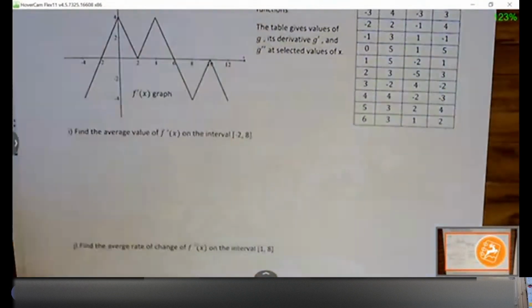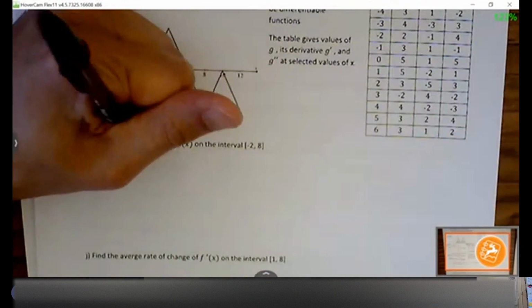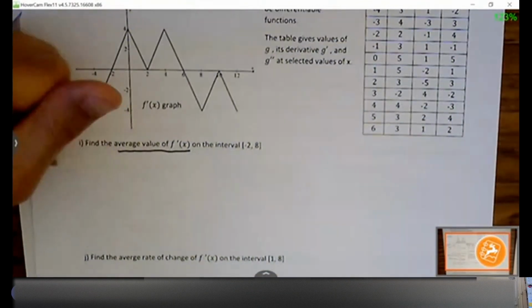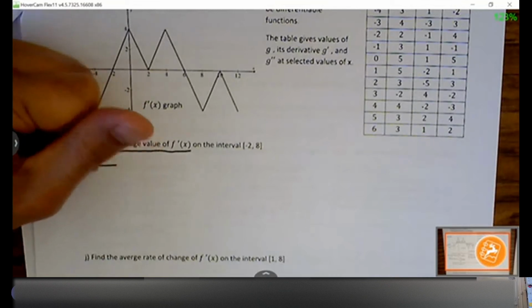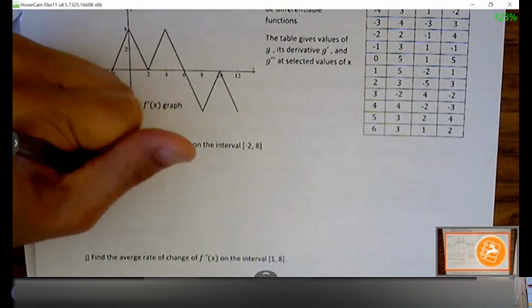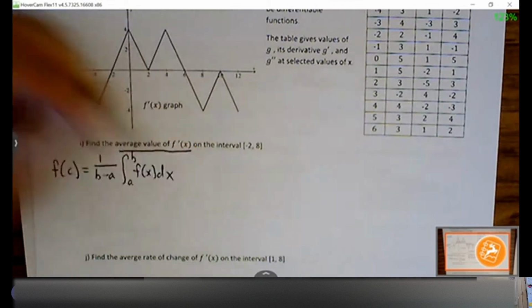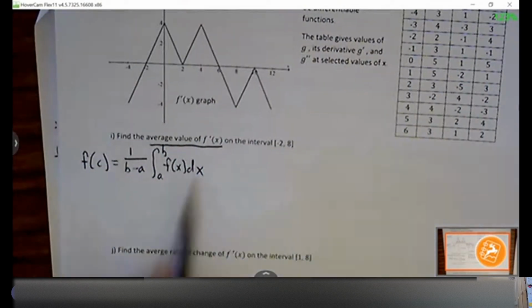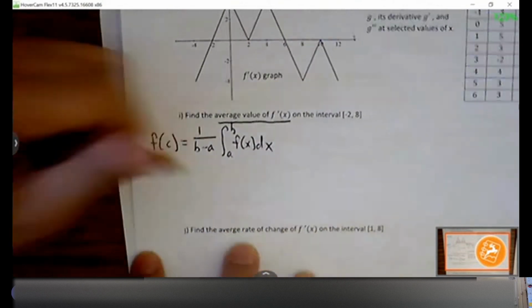Okay, part I, find the average value. So average value, we have average value theorem, right? So average value theorem looks like this. On your formula sheet. But I want to find the average value of f prime. So I need to adapt this average value for my problem.